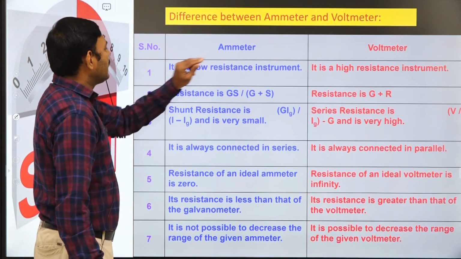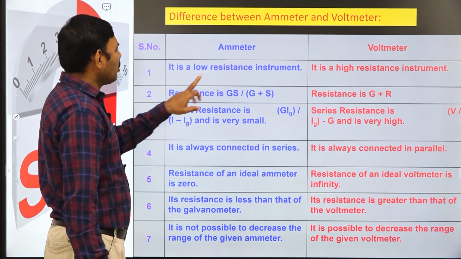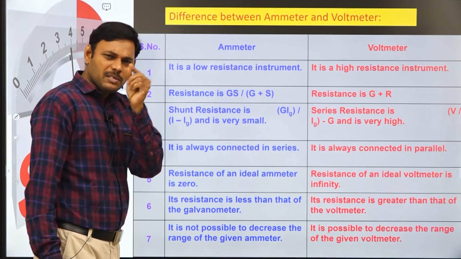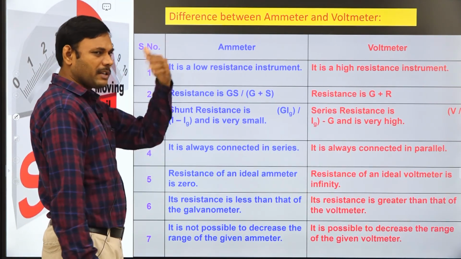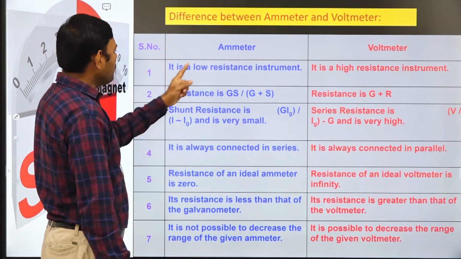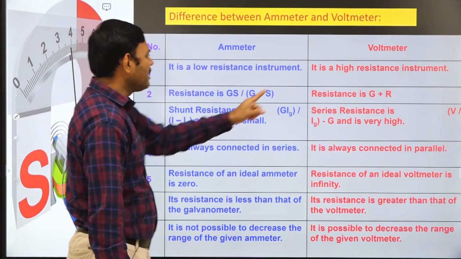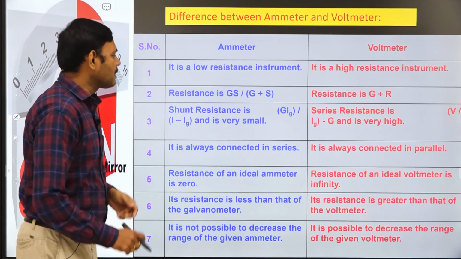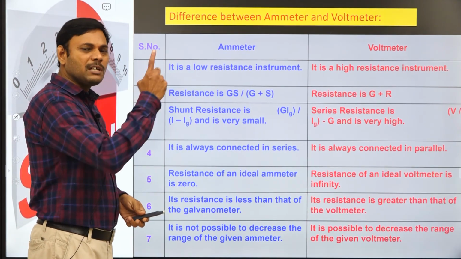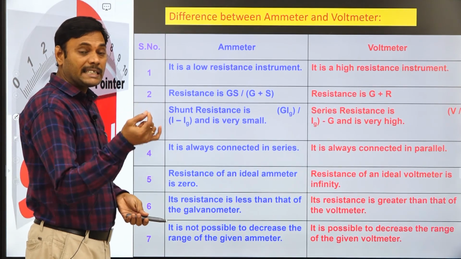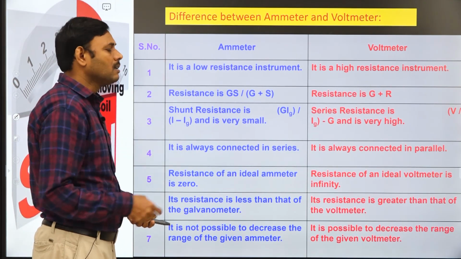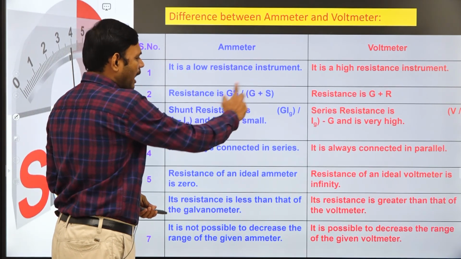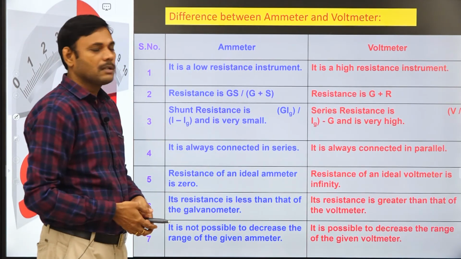The ammeter is a low resistance instrument because we connected a small resistance in parallel, so the effective resistance is very small. Ammeter is a low resistance device, voltmeter is a high resistance instrument. The galvanometer resistance is G; we connected a small resistance S in parallel, then the effective resistance of the parallel combination is R1 R2 by (R1 plus R2), that is GS by (G plus S).